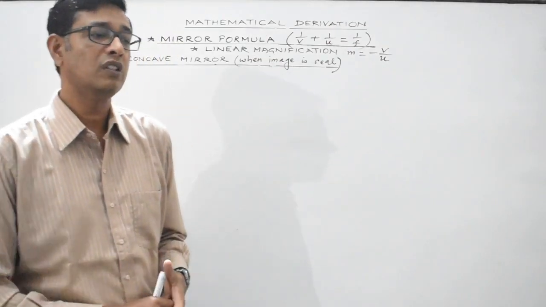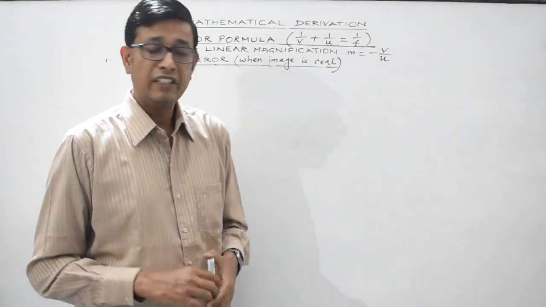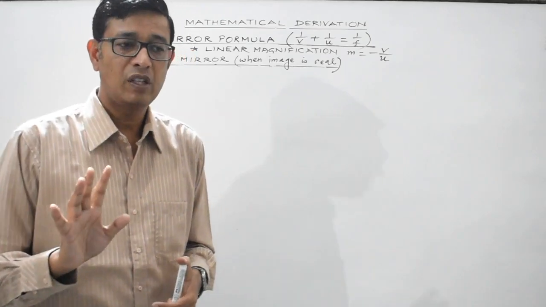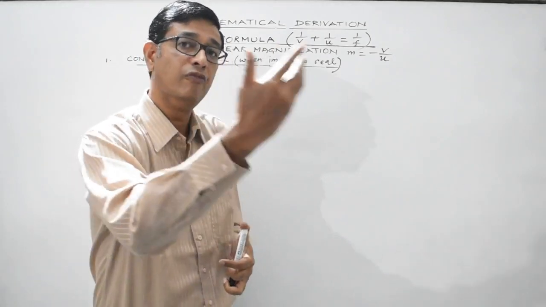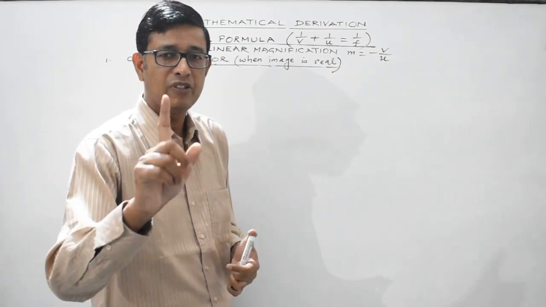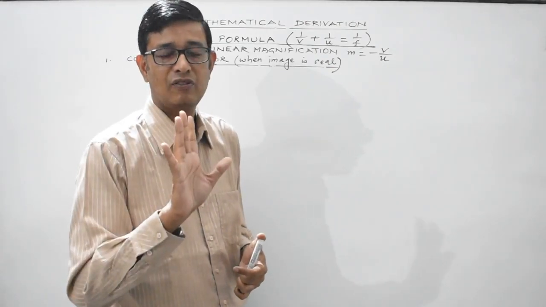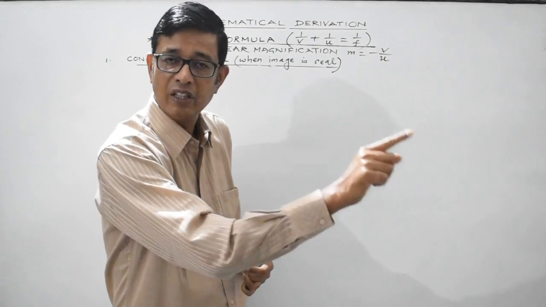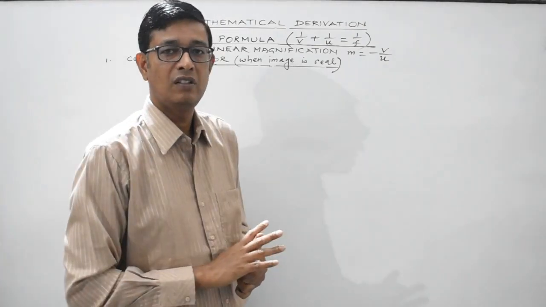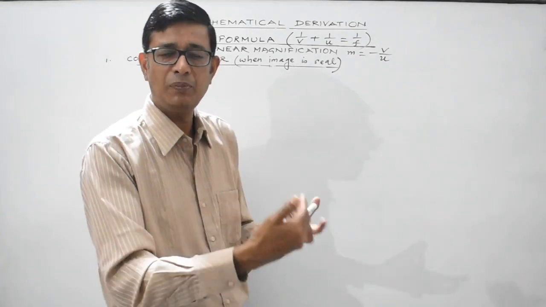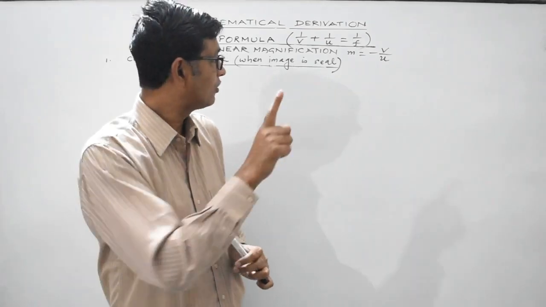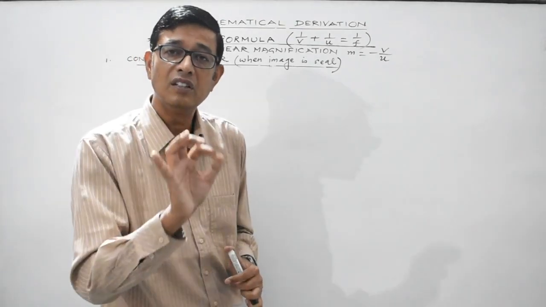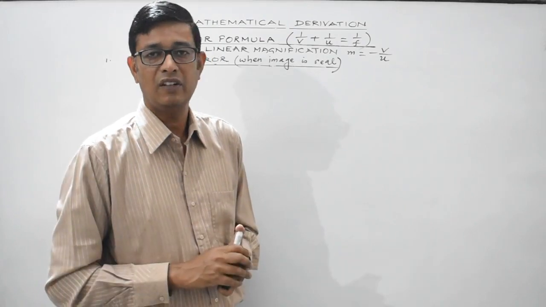Concave mirror, you are aware, the image obtained can be real as well as virtual. It can be virtual only in one case, when the object is placed between the pole and the focus. For all the rest of the positions of the object, the image obtained in the case of a concave mirror is always real and inverted, right?